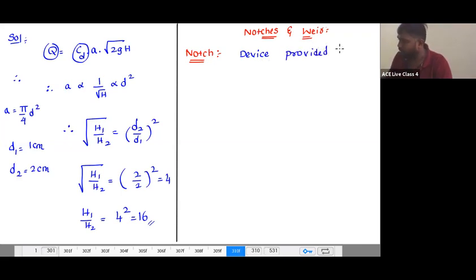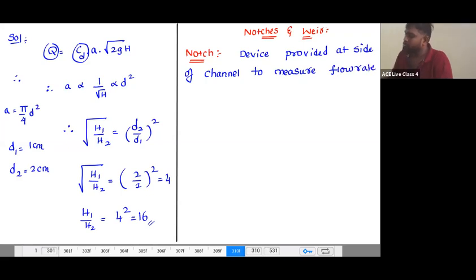It is a device provided at the side of a channel to measure the flow rate. Keep that in your mind, to measure the flow rate.